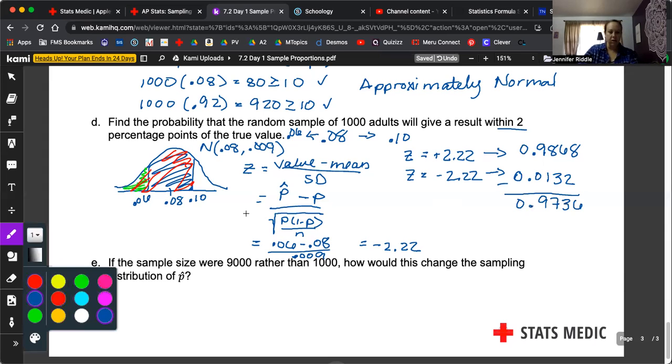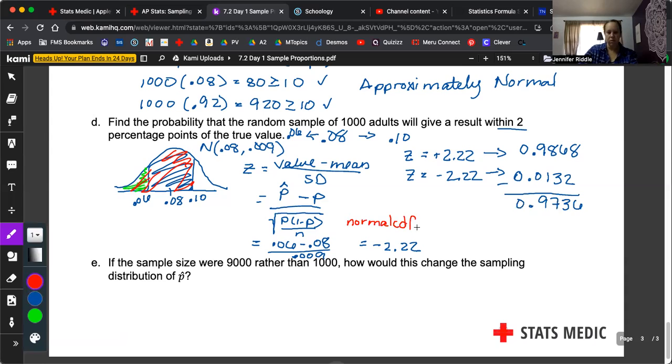If you want to do it in your calculator, the command that you need to use is normalcdf. You can find that by hitting second vars, and it's one of the first values. Then I need to put my lower bound, which is the lower number I'm interested in, 0.06. My upper bound, which is my higher number, is 0.10.